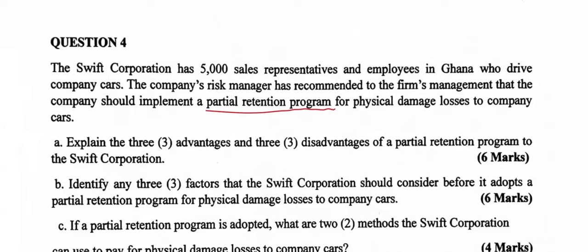So that's partial retention. Full retention is when the business caters for the loss using its own funds. That's what we dealt with in the risk control technique. Partial retention, the business caters for part of the losses using its own funds.